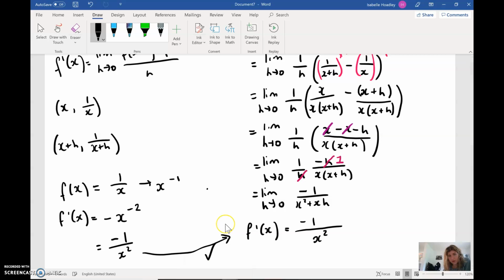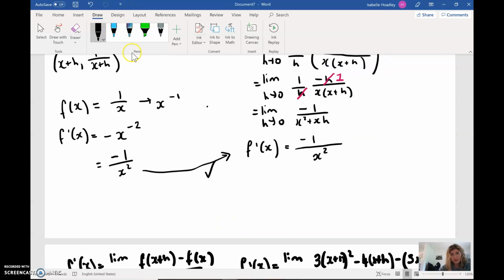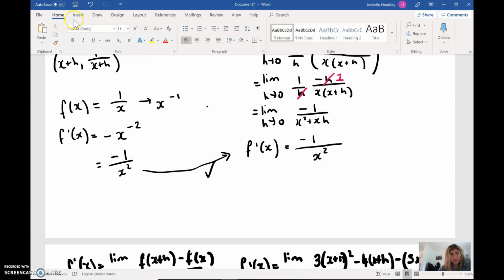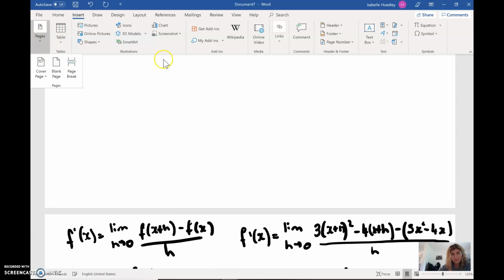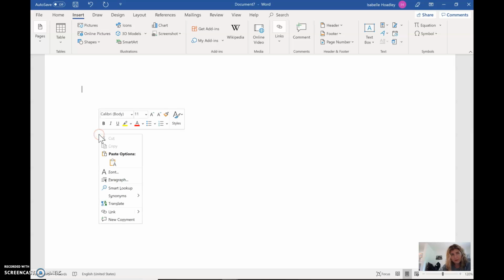Okay, so I hope this gave you guys a good intro into some more complicated functions. If you would like to try some of your own, then I would suggest giving some of these a go. I'll just write them up quickly, another blank page. I would suggest giving a couple of these a crack.